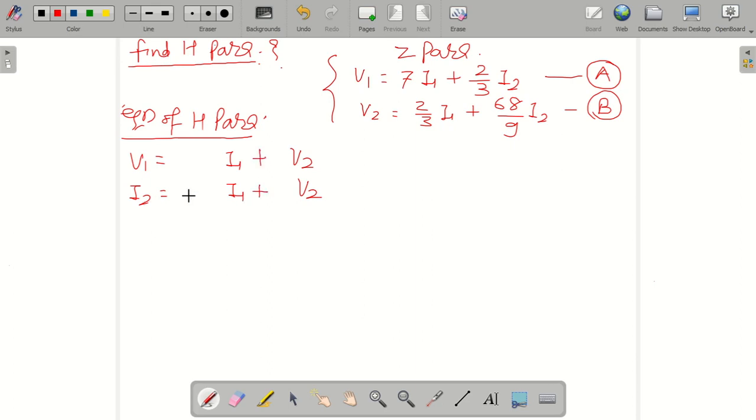This is the standard equation of H parameter. V1 and I2 represented in terms of I1 and V2. 1 1 H11, 1 2 H12, 2 1 H21, and 2 2 H22. This is the equation, say C and D, equation of H parameter, right?